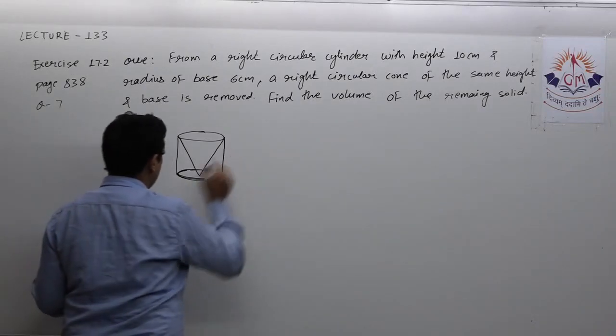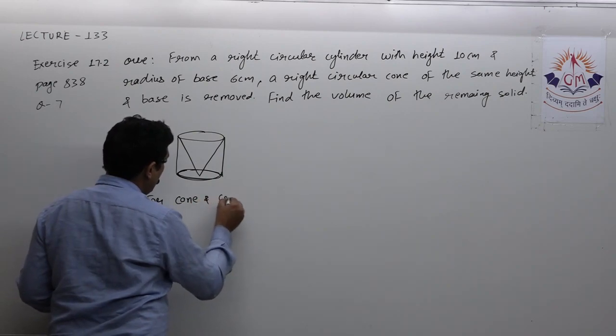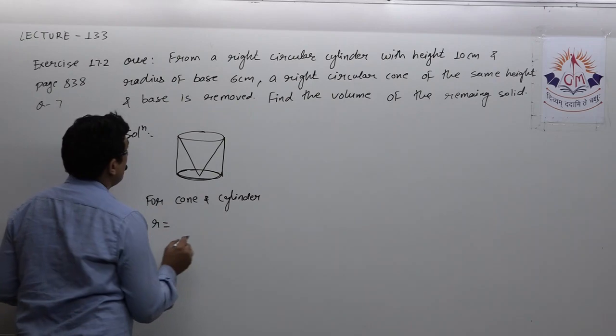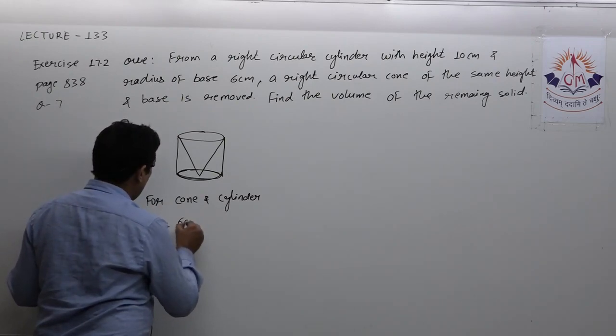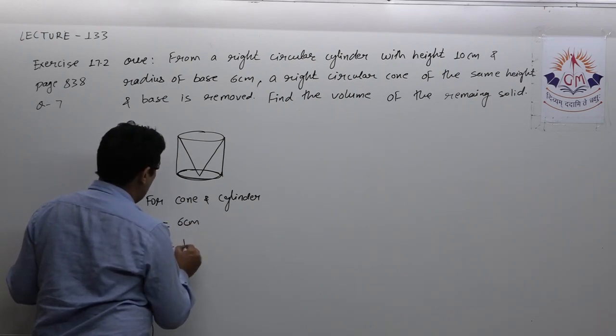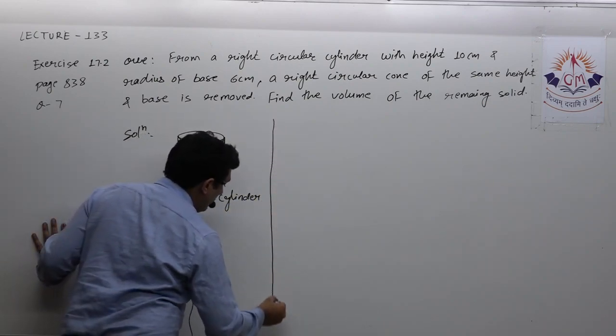For cone and cylinder, radius is equal to 6 centimeter and height is equal to 10 centimeter.